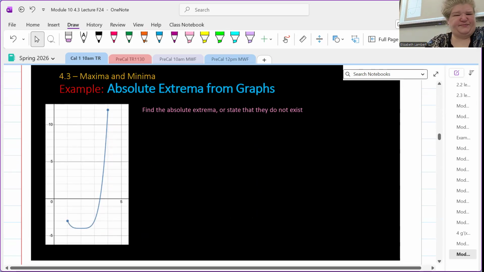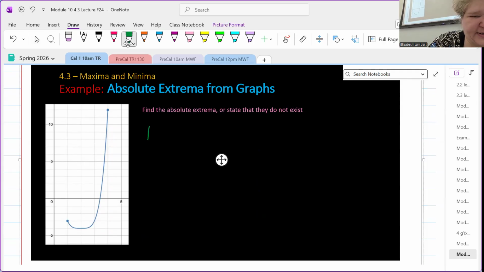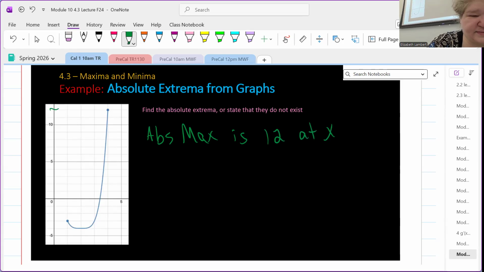All right, now we've got a graph that doesn't extend to infinity. And we've got some endpoints. So let's start with absolute max. So what is the absolute highest this graph gets? Yep, 12. And that is at x equals 4.